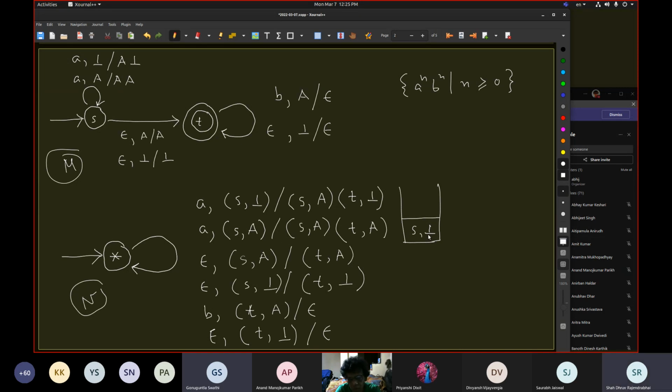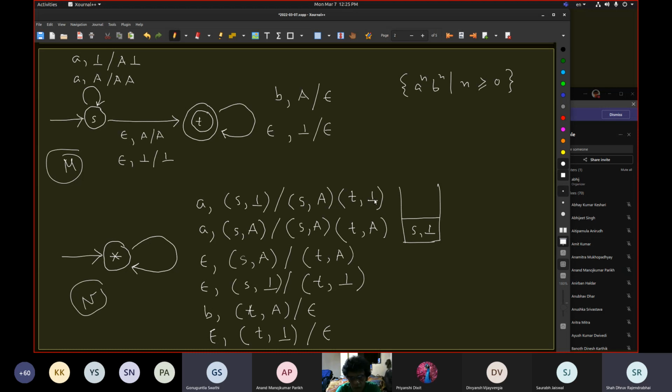Okay. But then an A has come. So I will have to push this A and still stay in this mode until I do this epsilon transition. So this is A, this is why this is S. But now this is no longer exposed. It will once again be exposed in state T. That is the reason I am replacing that S comma bottom marker by T comma bottom marker.